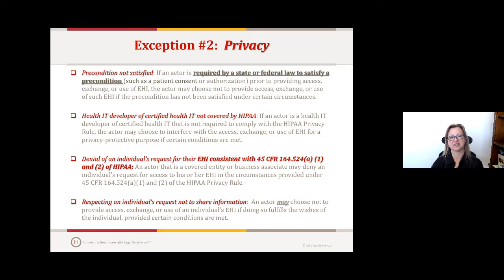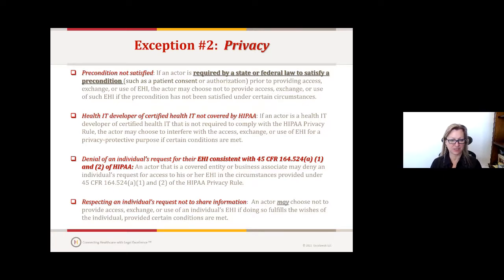You can rely on this exception and not release it based on that precondition not being satisfied. The only change here is that the rule requires you to make an affirmative effort to get something like a consent and not just point to that as a basis for denying the request.